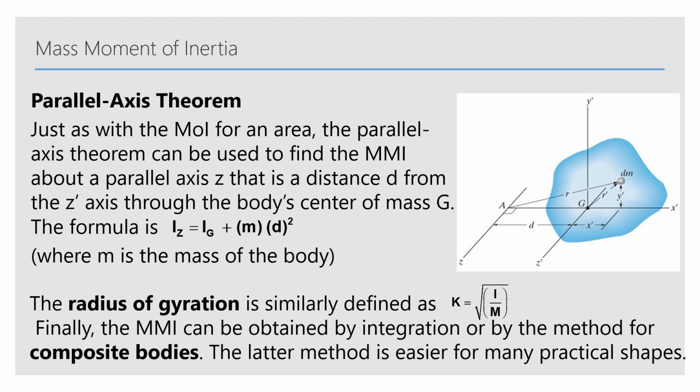This is represented by the image to the right. And the radius of gyration is similarly defined as k equals the square root of I over m. Finally, the mass moment of inertia can be obtained by integration or by the method for composite bodies, right? And the latter method is easier for many practical shapes.